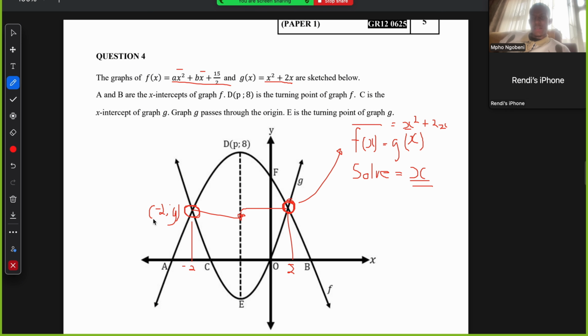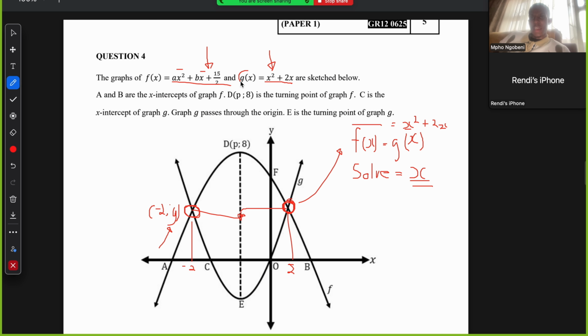So already I got the answer -2 due to this. So I can get the y. Every time I can get the partner just by substituting this one into any of the equations. I can substitute the x here or there to get y.